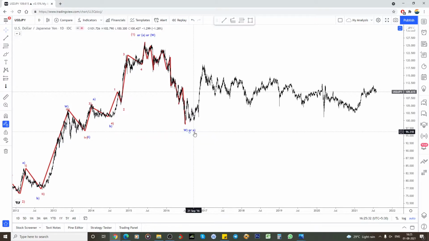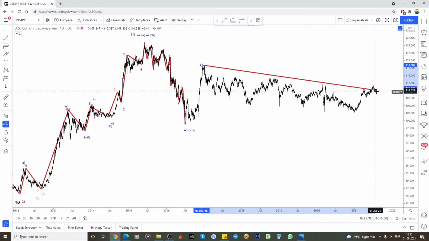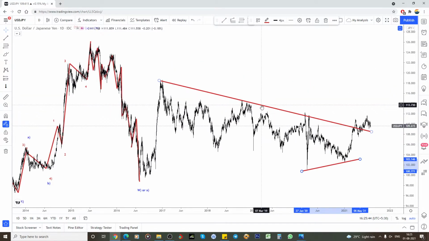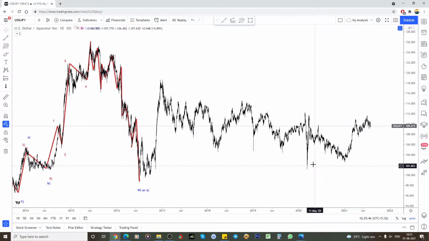So the X wave or B wave has a chance of making a triangle. It could make a triangle also. So if it is making a triangle, there is a chance we can look for the possibilities also.